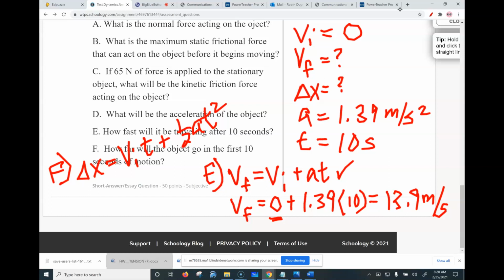I chose this one just because, hey, just in case I messed up this, then I could still find this. The vi is 0, so that goes to 0, and then I would be left with this, plug in my numbers, and I would end up with 69.5 meters.